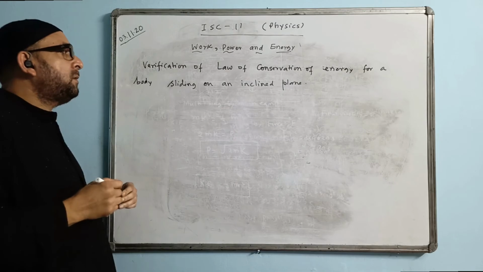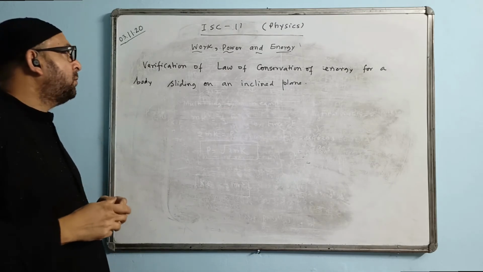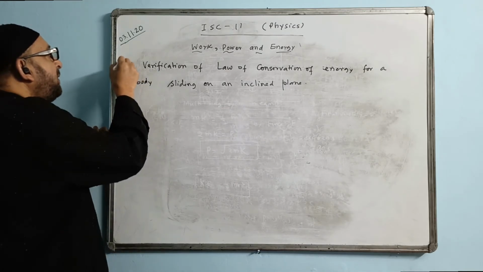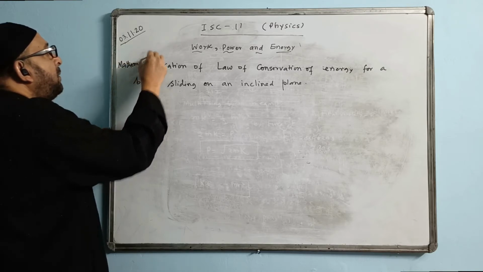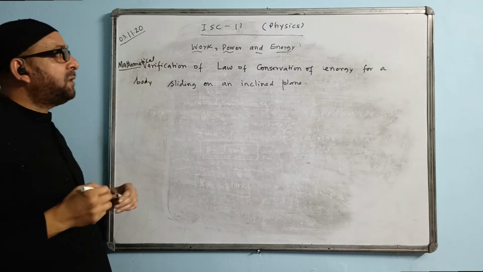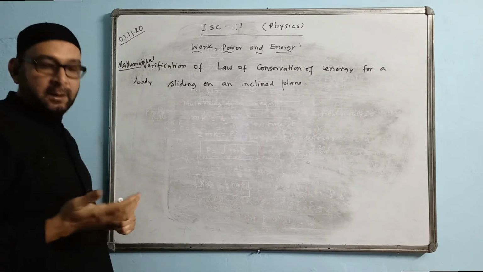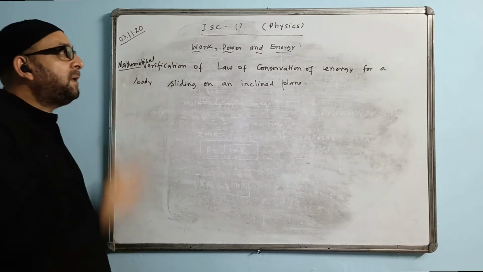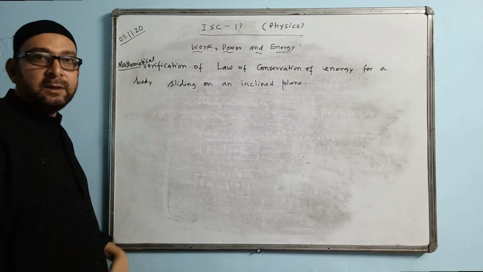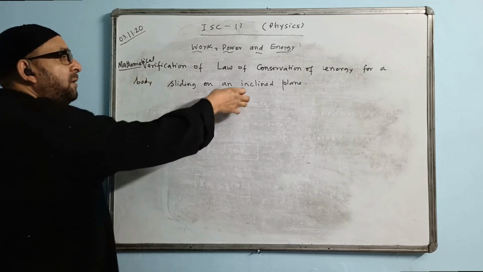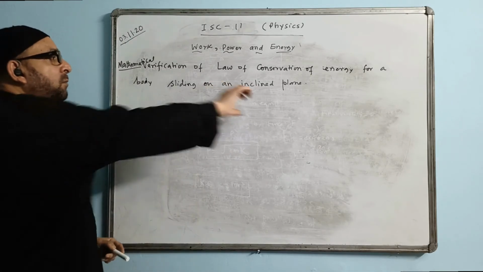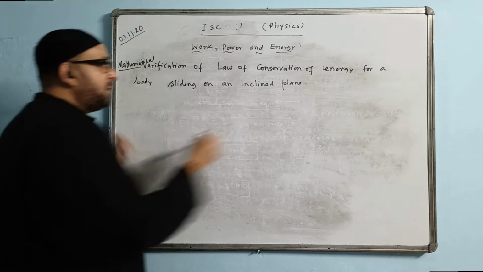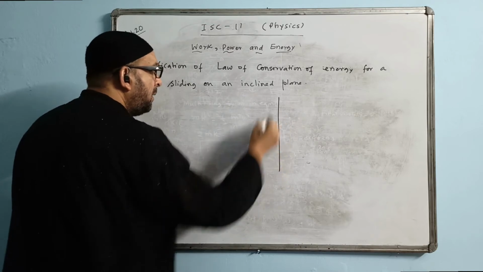This one is something new, a mathematical verification of the law of conservation of energy, which shows mathematically that the total energy remains the same. Instead of the body falling directly vertically downward, we have the body moving down an inclined plane. So let us show it like this.